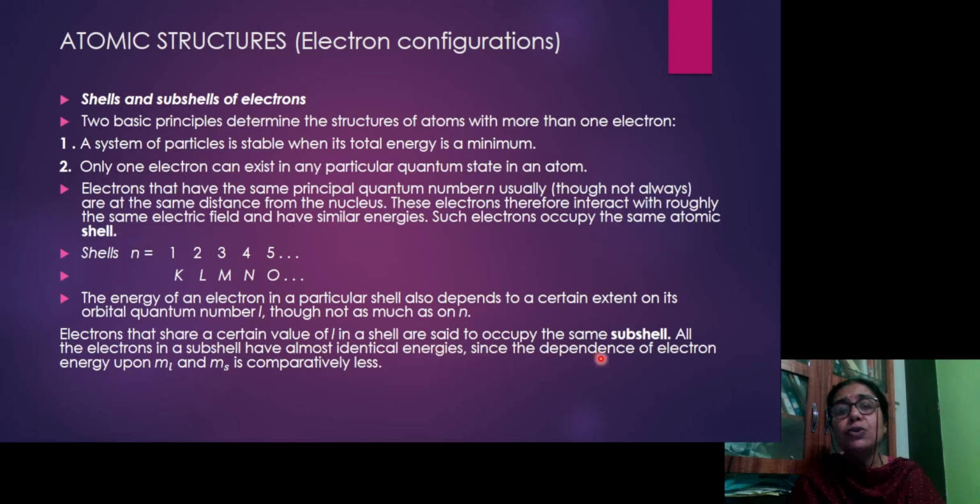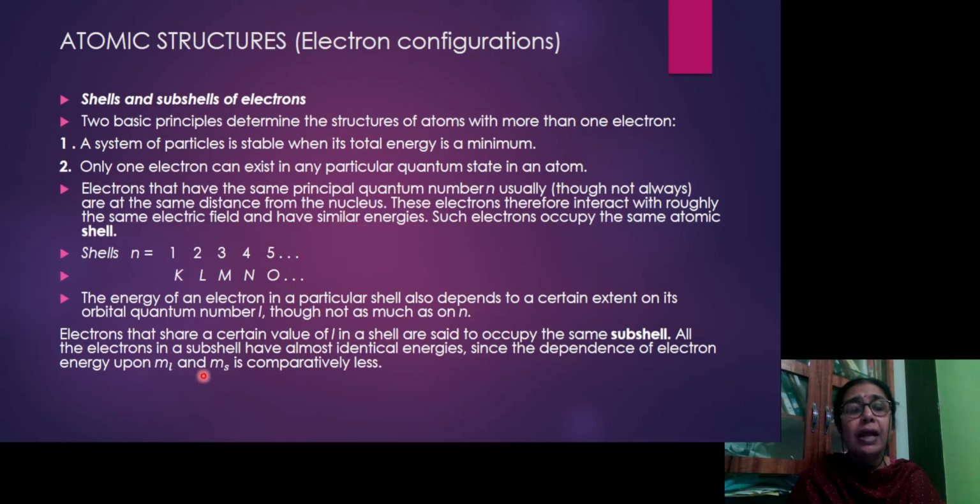Since the dependence of electron energy upon ml and ms is comparatively less, we know that each L subshell, or each L quantum number, has 2L plus 1 ml values. And because each electron has spin quantum number s equal to half, there are two values of ms, plus half and minus half.